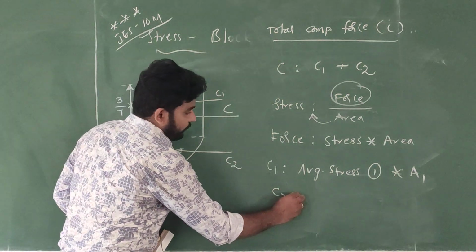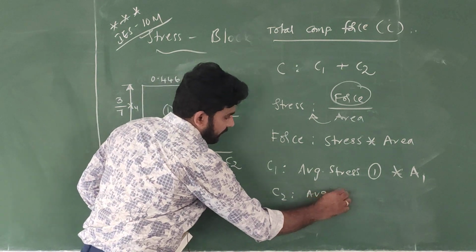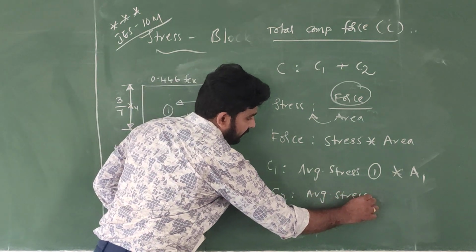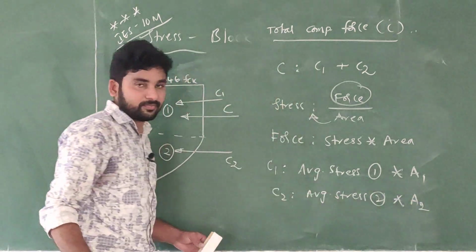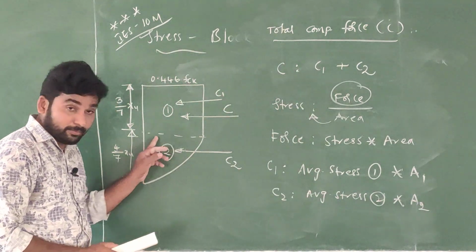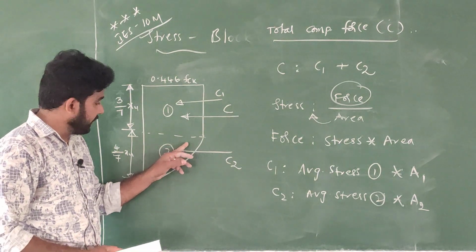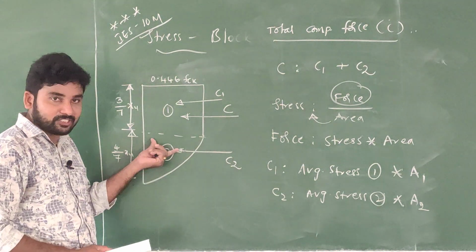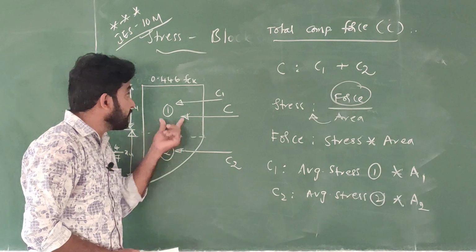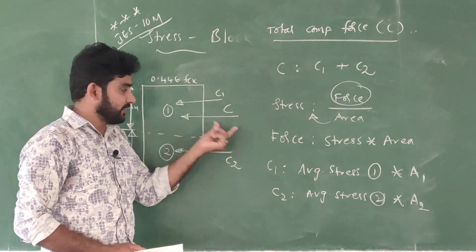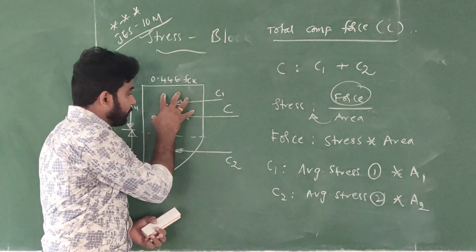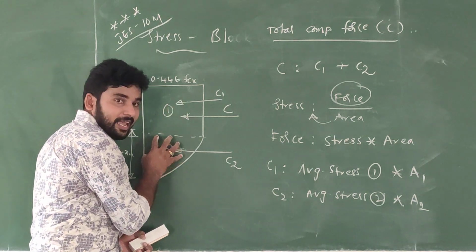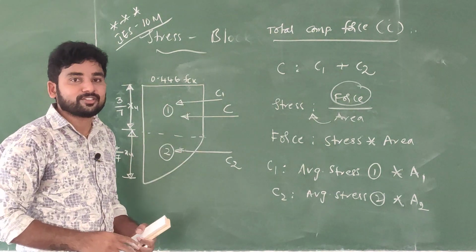C2 equals the average stress into A2, which is the parabola portion. The area of this parabola and the average stress: here also it is the average stress, because this stress is not only for the rectangular portion, the same stress is acting on the parabola portion also.